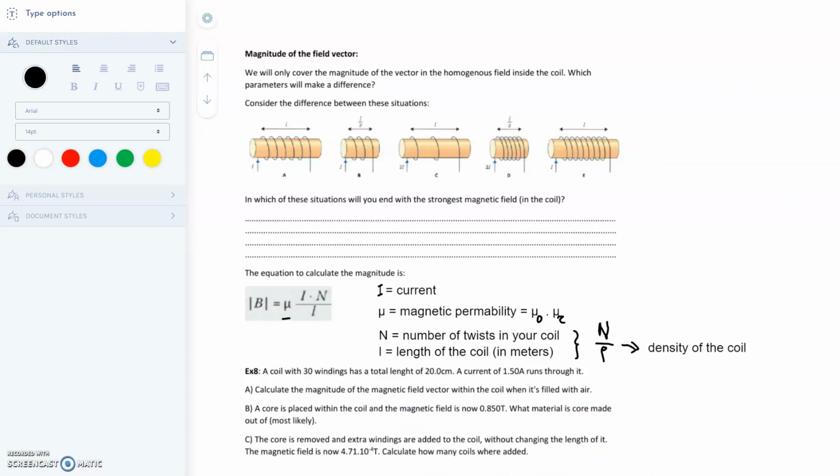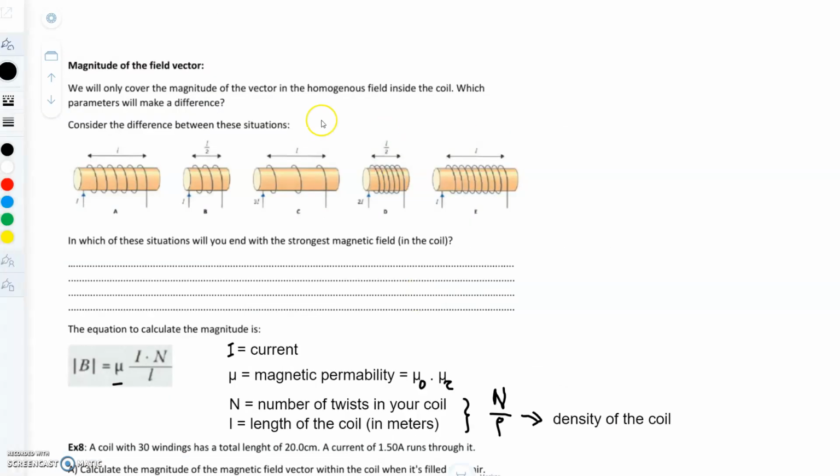Now, in order to explain this, I've got this simple exercise here at the top. When we look at this first situation, we have 6 twists in our coil for 1 length unit, meaning the density of the coil can be described as a factor 1. When we compare that one to situation B, this one only has 3 twists in it.